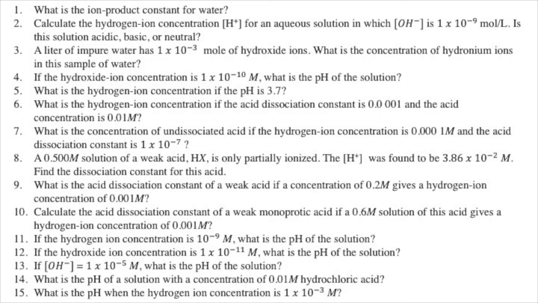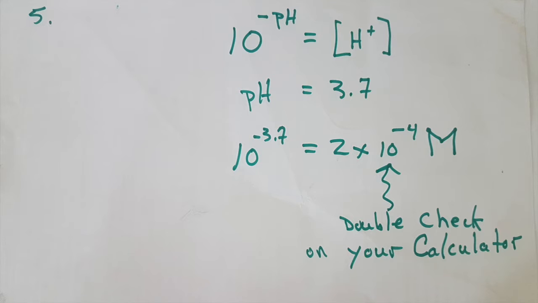Number 5. What is the hydrogen ion concentration if the pH is 3.7? So, you know that the pH equals the negative log of the H ion concentration.